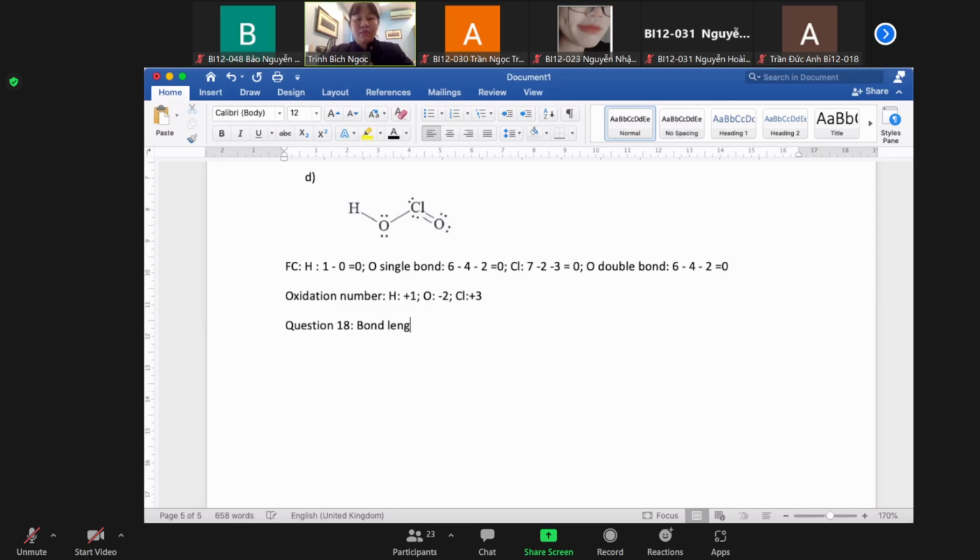Okay, so for CO, how? This single bond and CO? No, it's not single bond. You try to find it on the internet: Lewis structure CO. You will see.